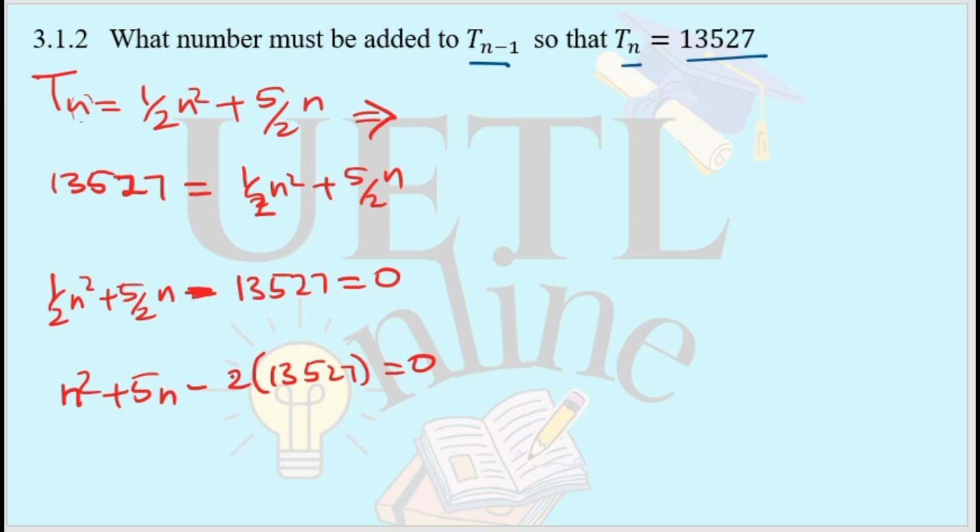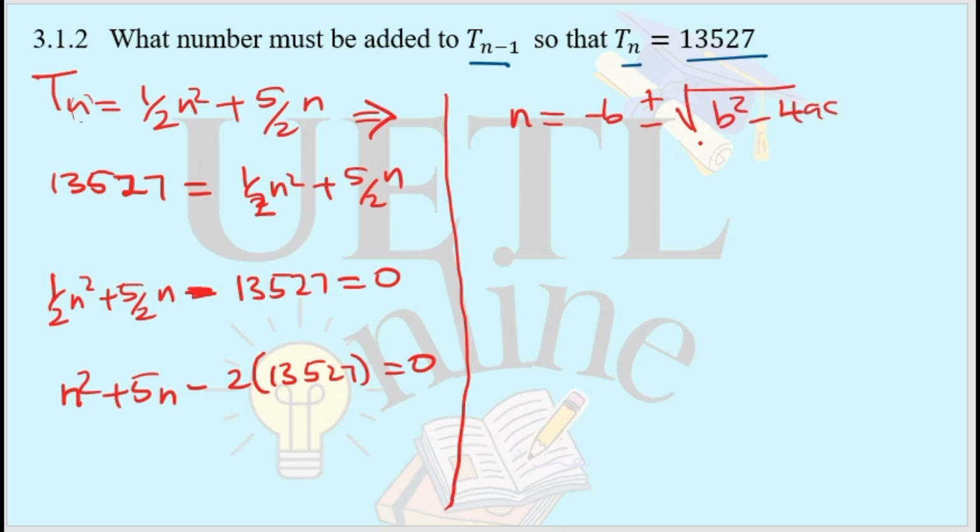Let's go on. Let's use the quadratic formula. The quadratic formula says that n is equals to minus b plus or minus root of b squared minus 4ac, over 2a. The number which is going to come out here is going to be positive.